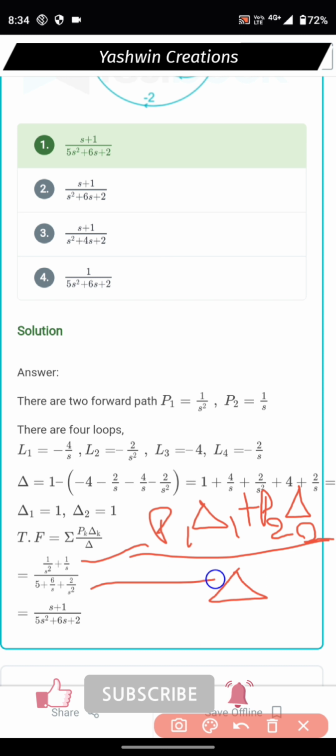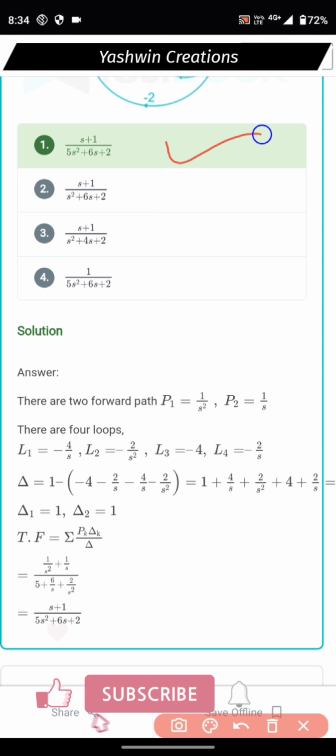This is what we substituted here: 1 divided by s squared plus 1 divided by s, divided by delta. If you solve that, you will get (s plus 1) divided by (5s squared plus 6s plus 2). That means the first option is the right answer.